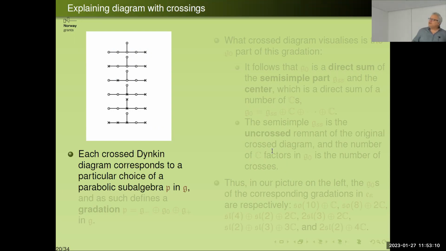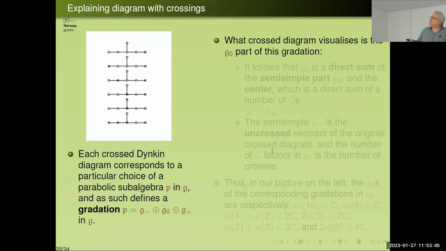Here I do it on the example of E6. Each crossed Dynkin diagram corresponds to a particular choice of parabolic subalgebra P in G, and as such defines a gradation, because the choice of a parabolic is the same as grading the algebra. So in particular, you have the split, there should be G here, not P: the gradation G equals G minus, G0, G plus.